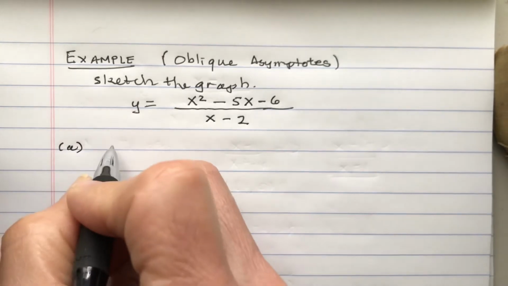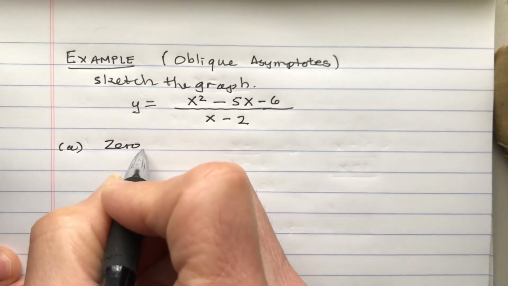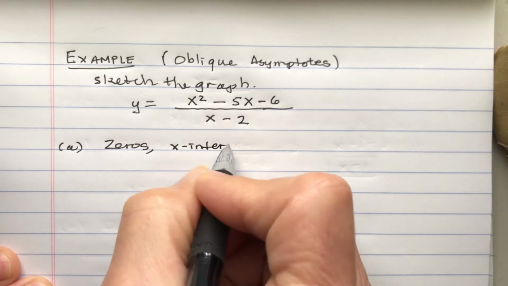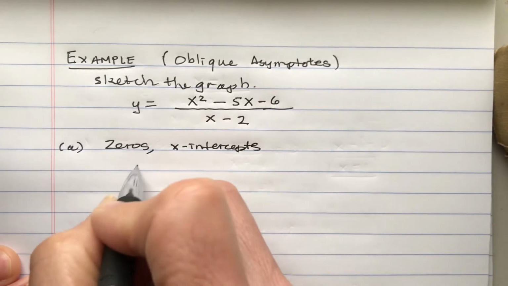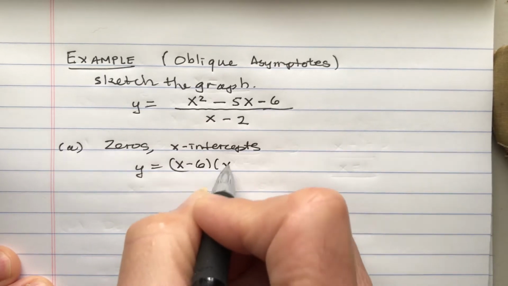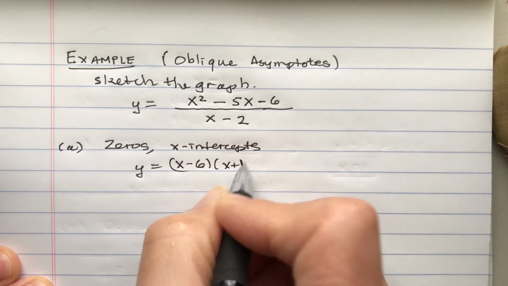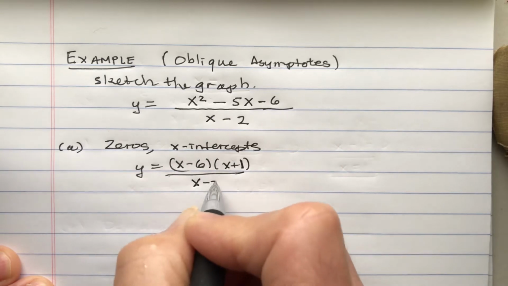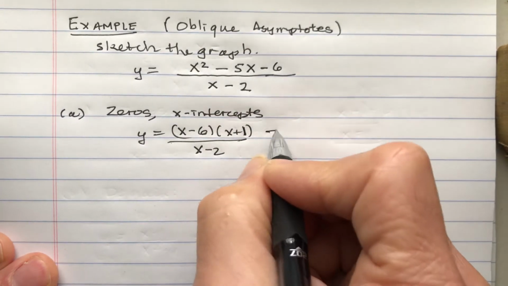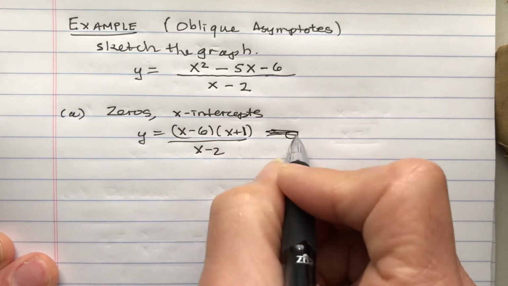Okay, so let's go through this. Let's start off with zeros, with x-intercepts. All we have to do here is factor. I was hemming and hawing because I was thinking, how's this going to factor? We factor and set this equal to 0.